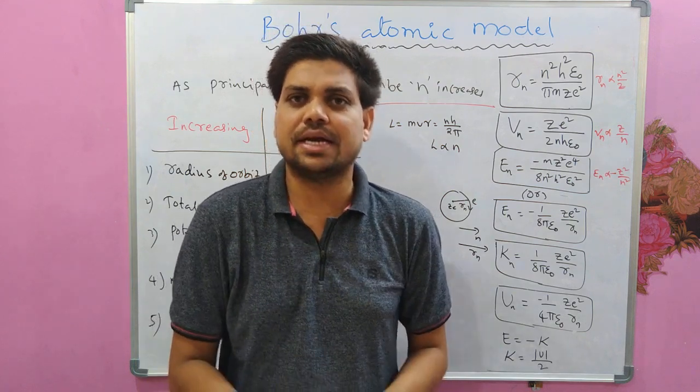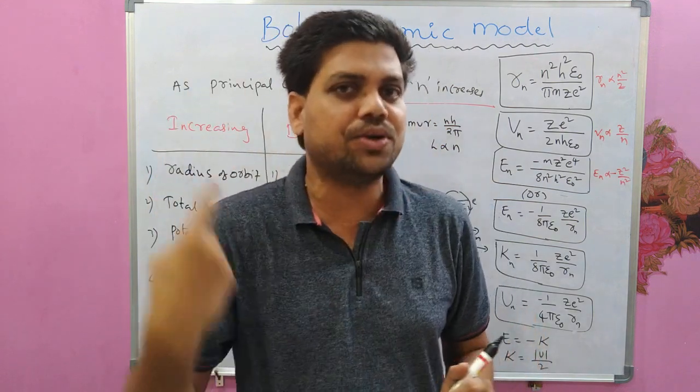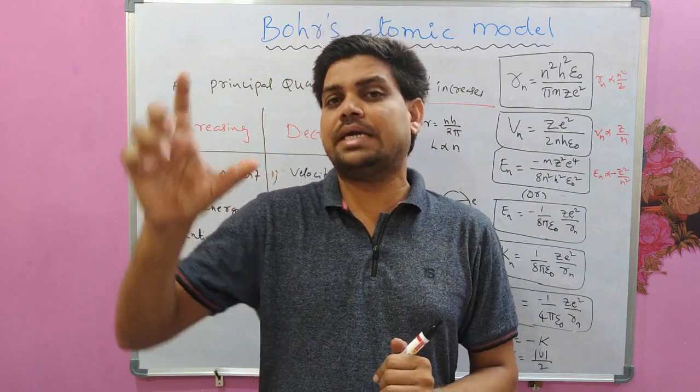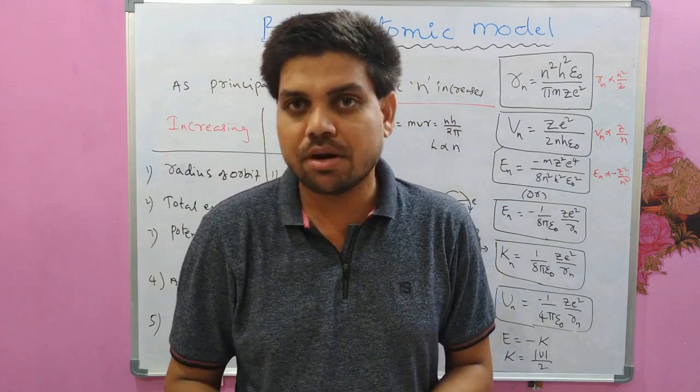What is time period? It is the time taken for one complete revolution around the nucleus. And if the radius of the orbit is more, then the time period will obviously be more.